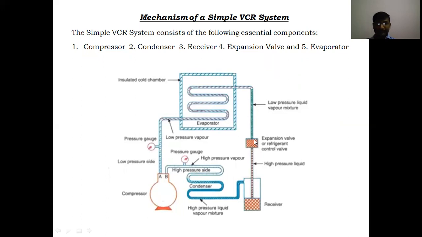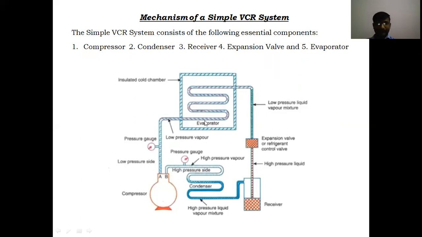The expansion valve decreases the pressure. The compressor increases the pressure. The condenser operates at higher pressure. Now the evaporator operates at lower pressure. Clear? These are the 5 essential components here: compressor, condenser, receiver, expansion valve, and evaporator.